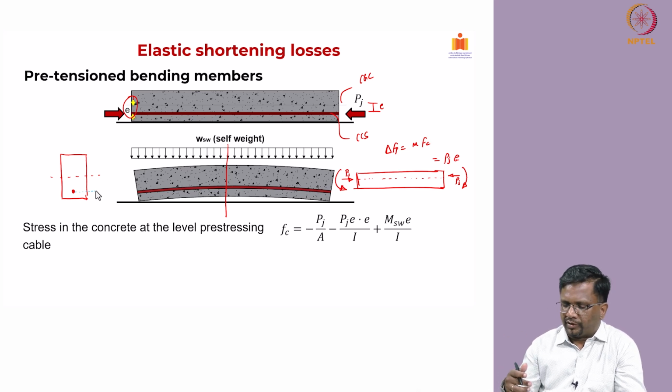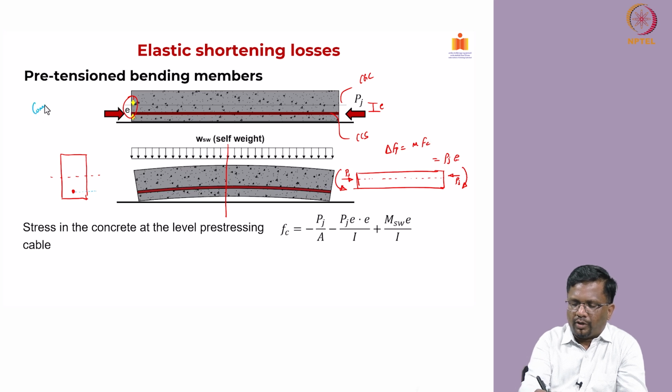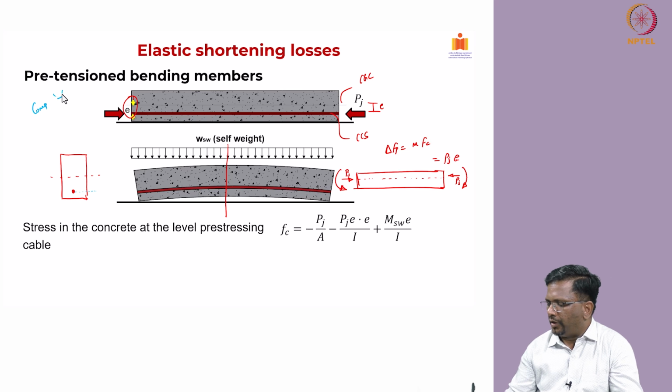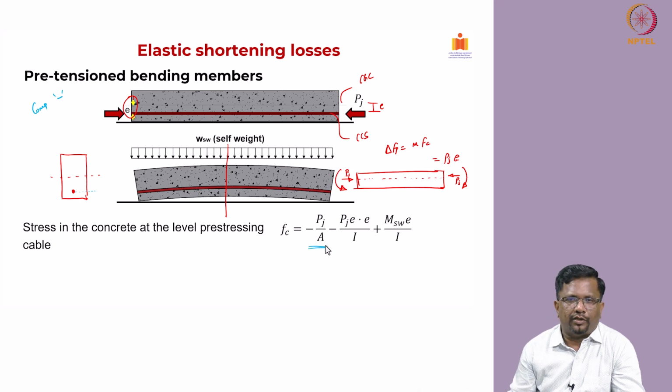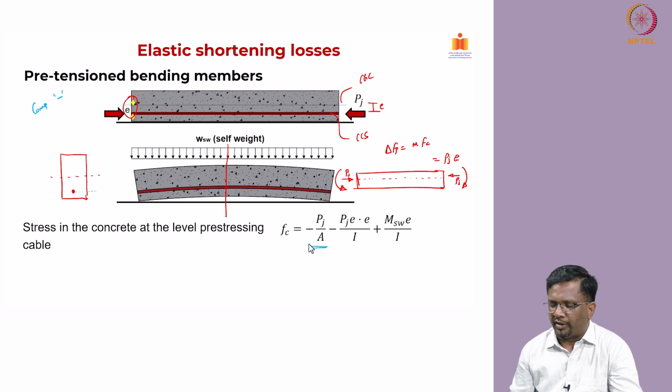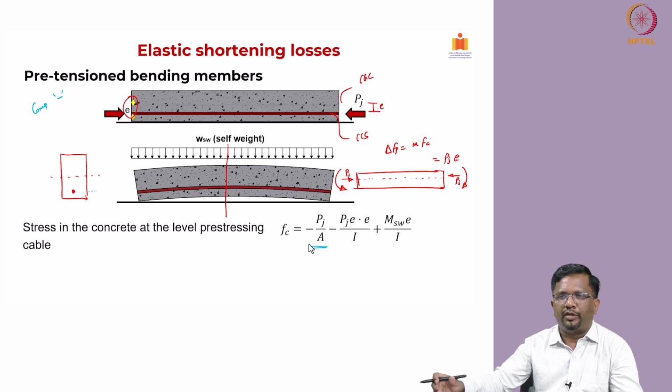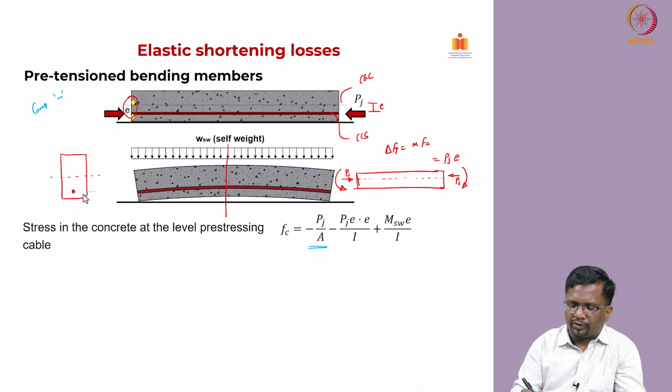So, if I take compression as negative, then there is an axial force Pj, that is going to create a compressive stress of minus Pj by A, because I am taking compression as negative, and there is a moment. That moment is going to induce compression again at the level of the pre-stressing cable.